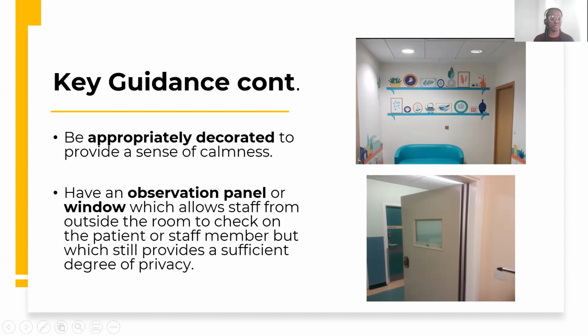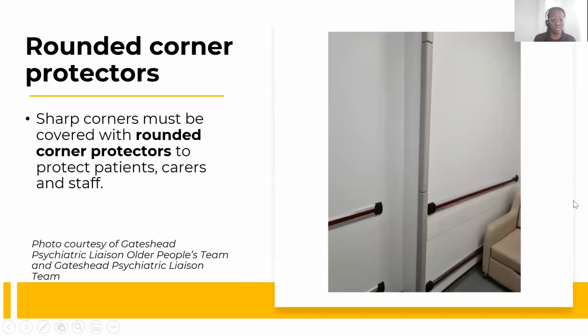Next slide, please. So rounded corner protectors. This is actually a thing that comes up most often when we look at the high risk assessment rooms. So any protruding corners in the rooms have to be covered with rounded corner protectors. So the rounded corner protectors must be on the corners to protect the patient, the carers, staff members.